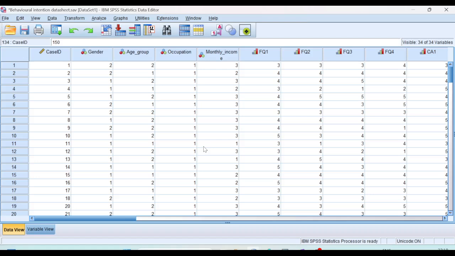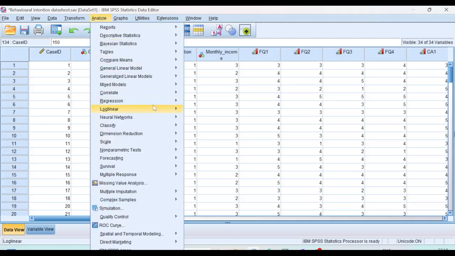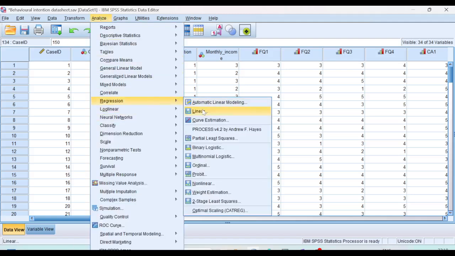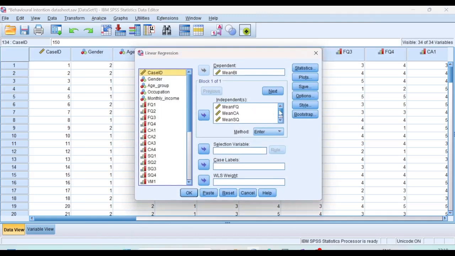So now we go to test for the third assumption for regression, which is homoscedasticity in the data, which means that the error terms have a consistent variance across all values of independent variable. How to test that? Again, we'll go to analyze, regression, linear, and here we have the independent variables and the dependent variable.